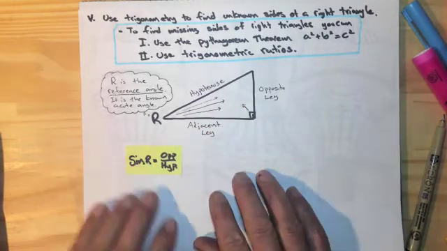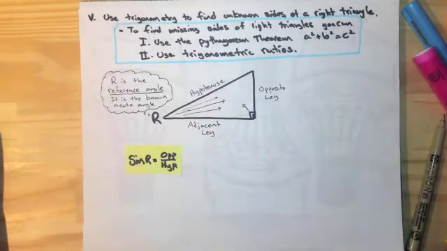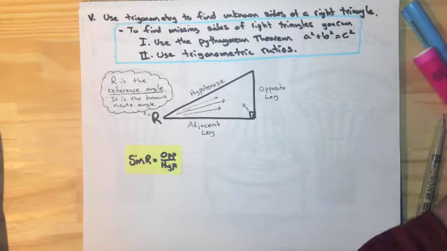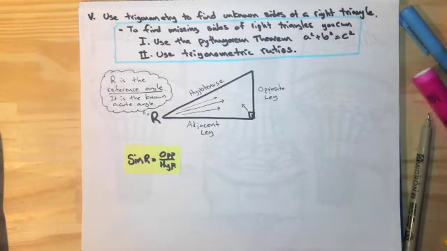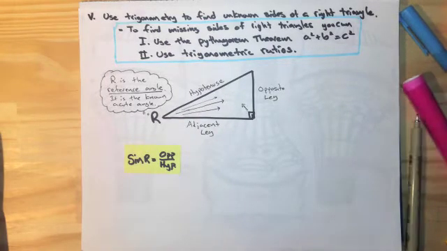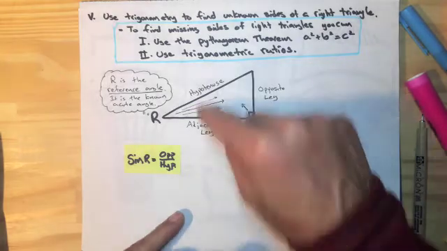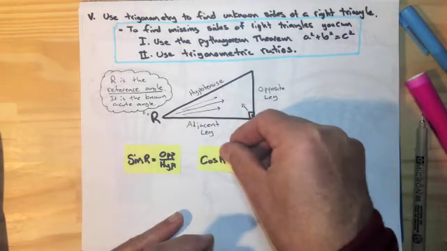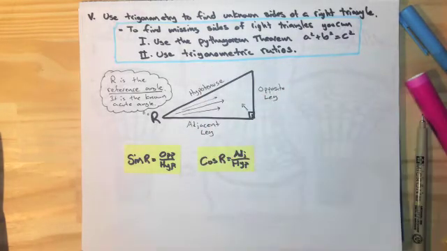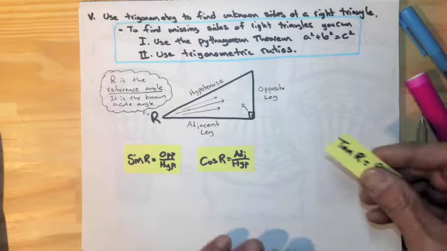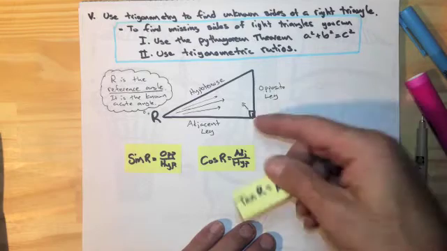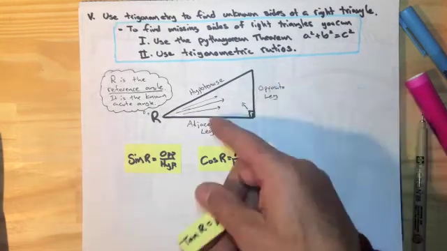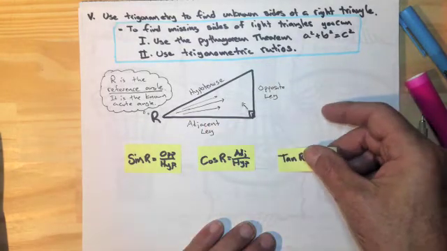Sine is opposite over hypotenuse. If we wanted to find the adjacent and the hypotenuse ratio, that's called the cosine. And the one that we did in class before the shutdown was the tangent ratio. The tangent ratio is the ratio of the two legs, the opposite and the adjacent.